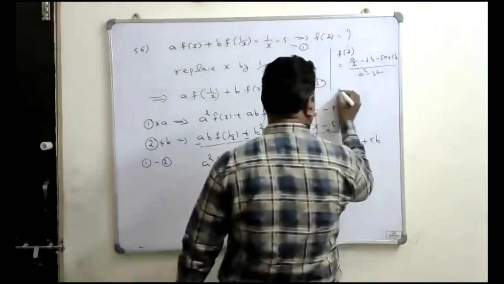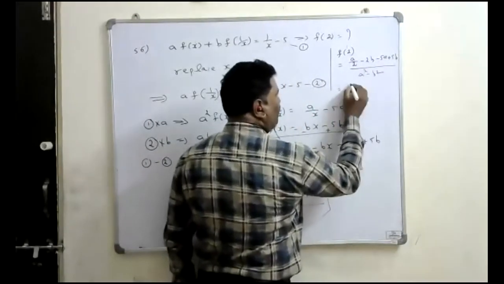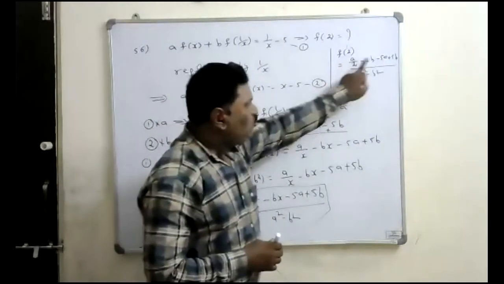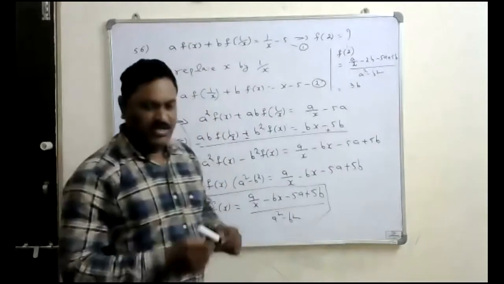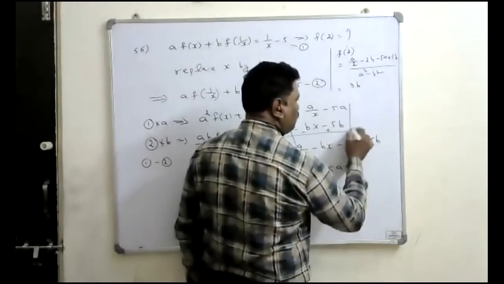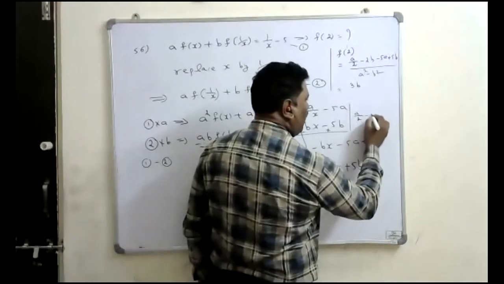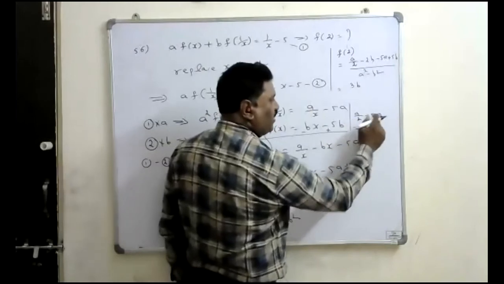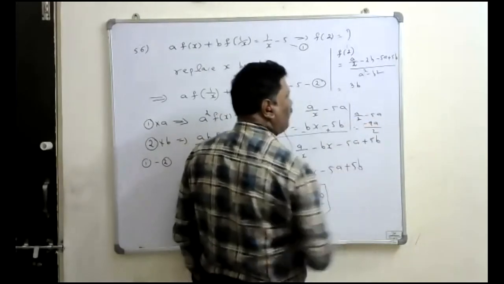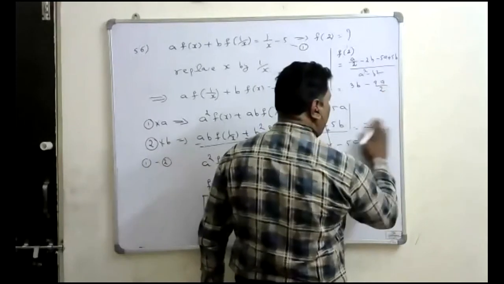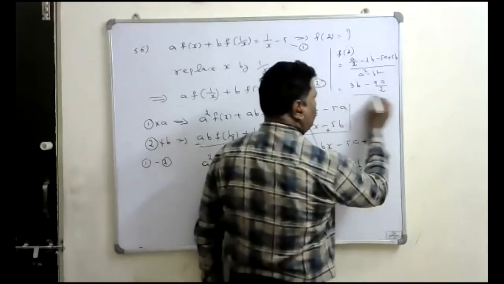Okay, so this is equal to 5b minus 2b which is 3b, and a by 2 minus 5a, how much, a upon 2 minus 5a, a by 2 minus 5, its LCM is 2, so a minus 10a, minus 9a by 2, upon a square minus b square.